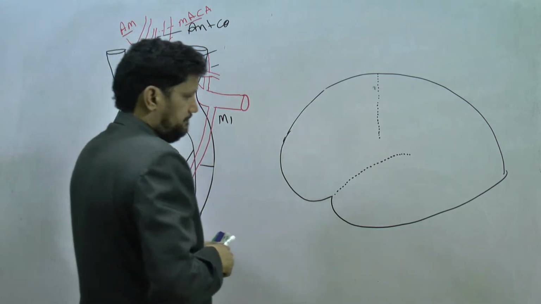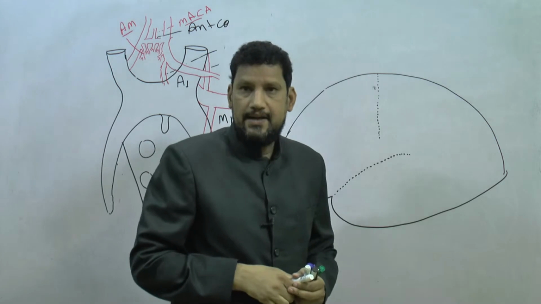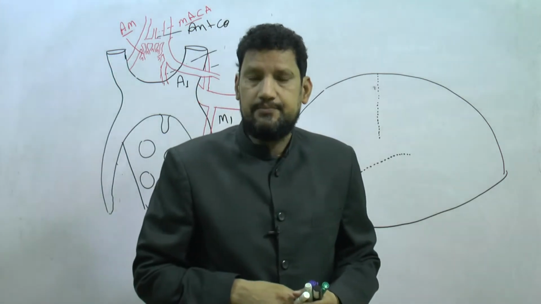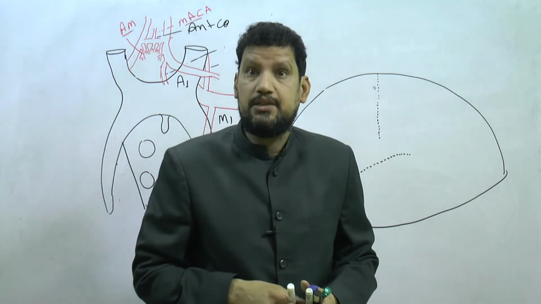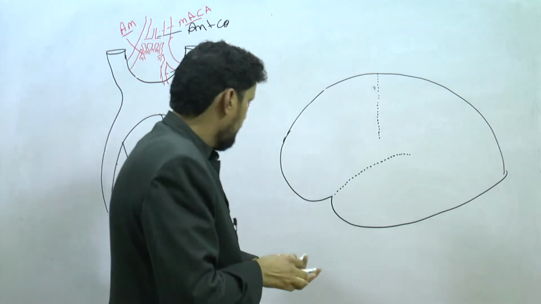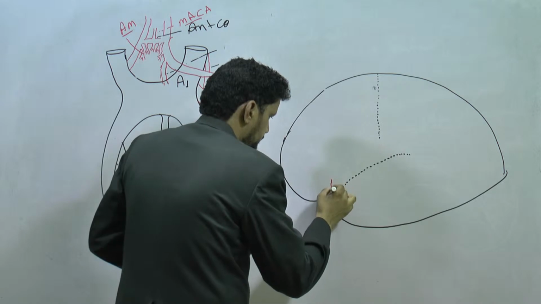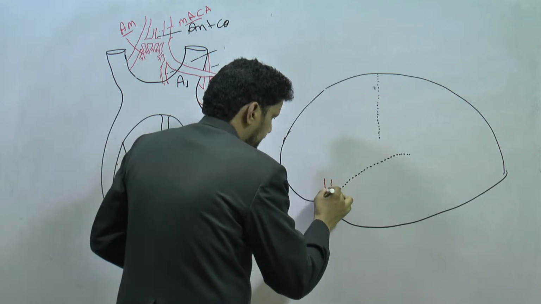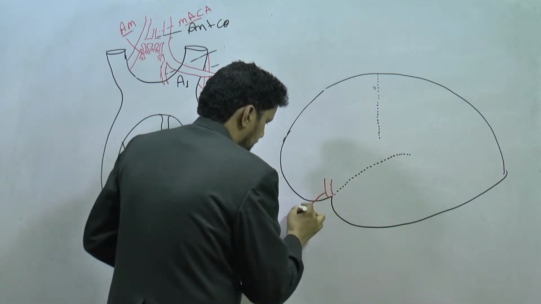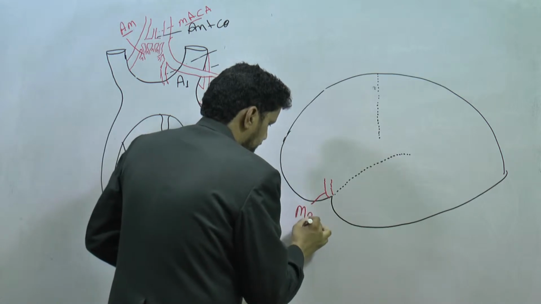When the artery is in the lateral fissure, that segment is M2.